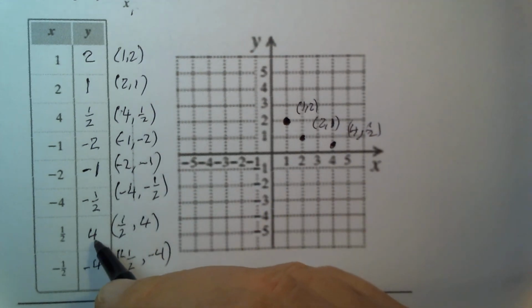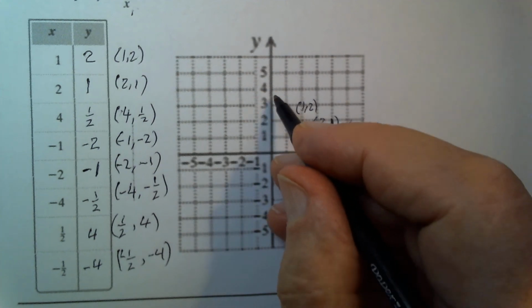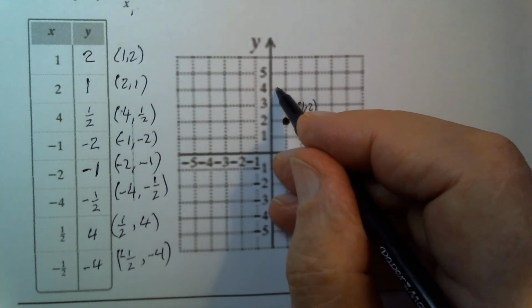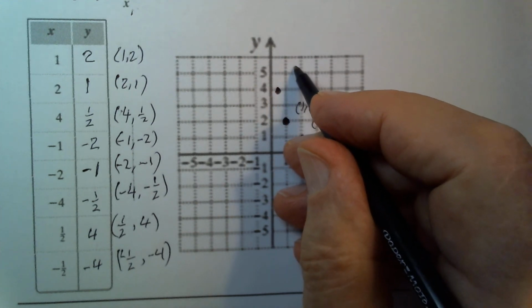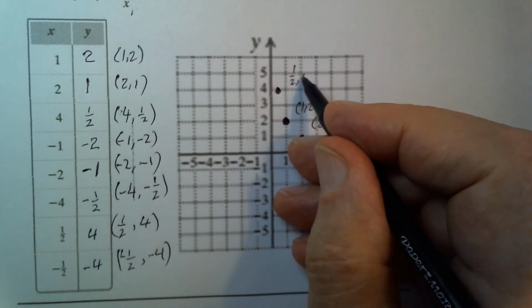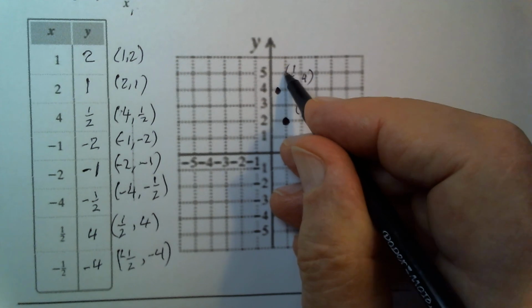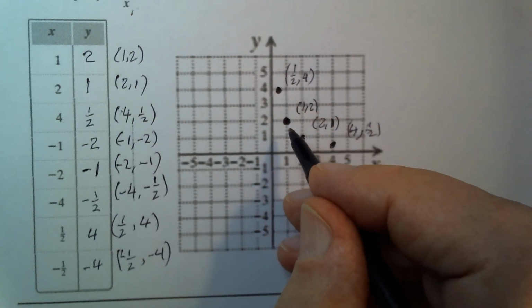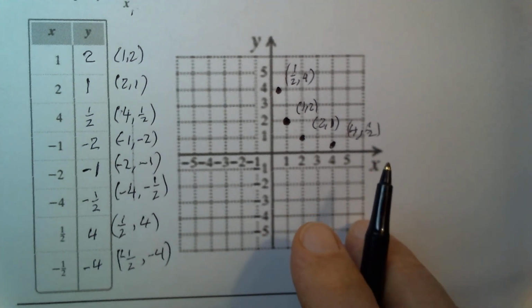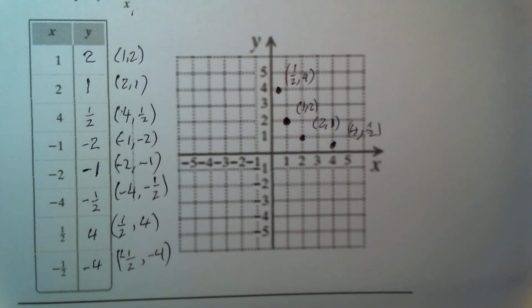Then when x equals 1/2, y equals 4. So this is 1/2, 4. So here are the 4 points. And now we'll connect them with a smooth curve.